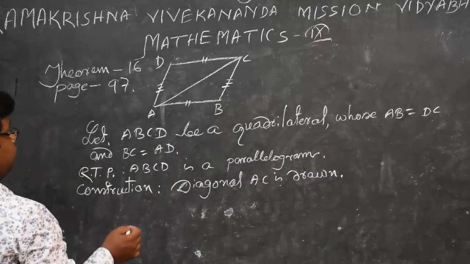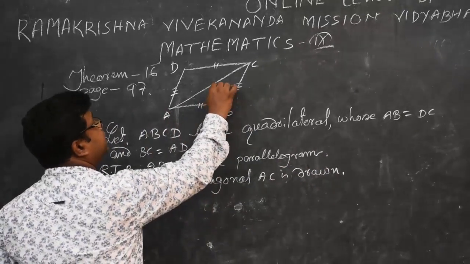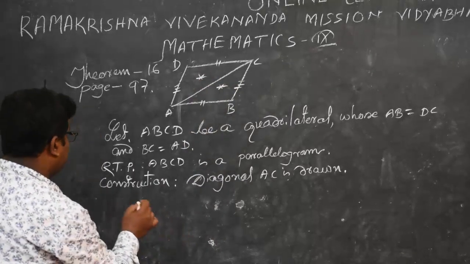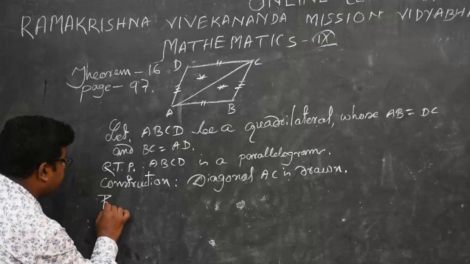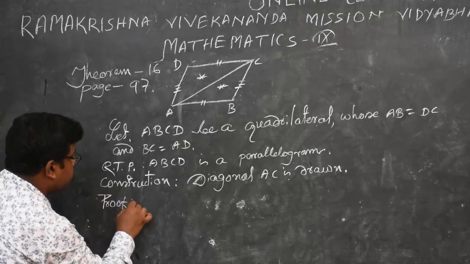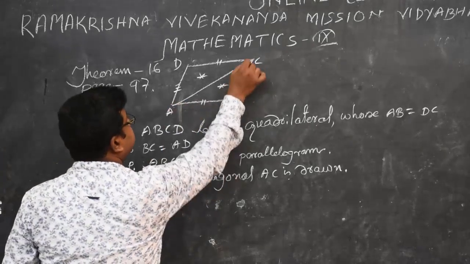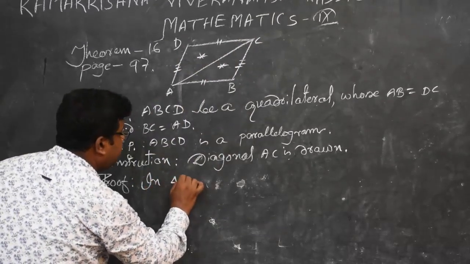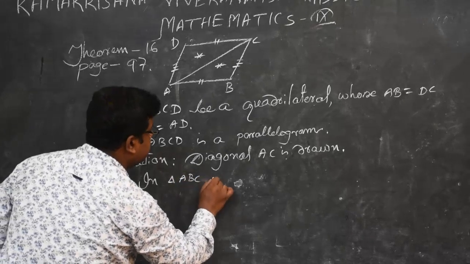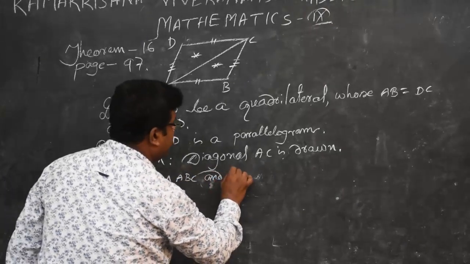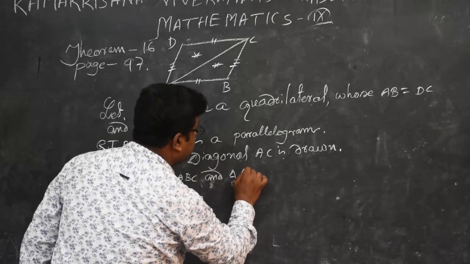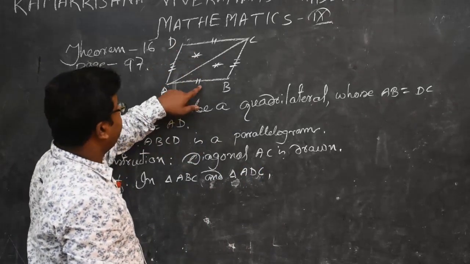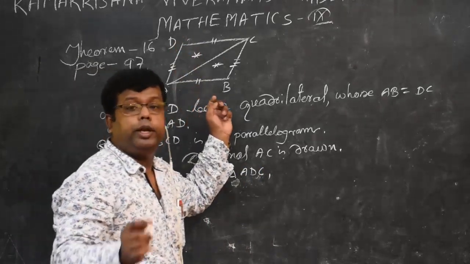Now we have to prove that this triangle and this triangle are congruent. Proof. At first, in triangle ABC and triangle ADC, in these two triangles, AB equal to DC. Why? It is given in the question.